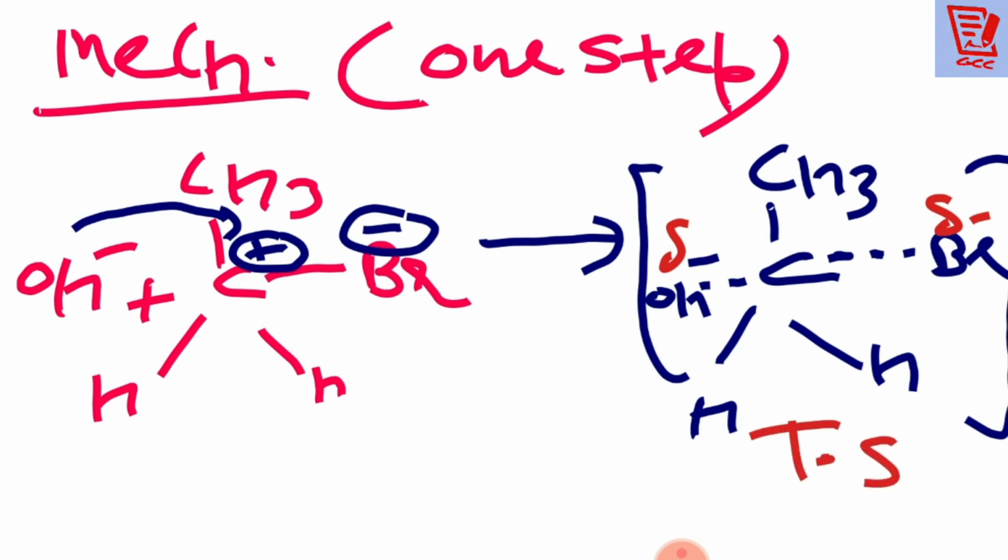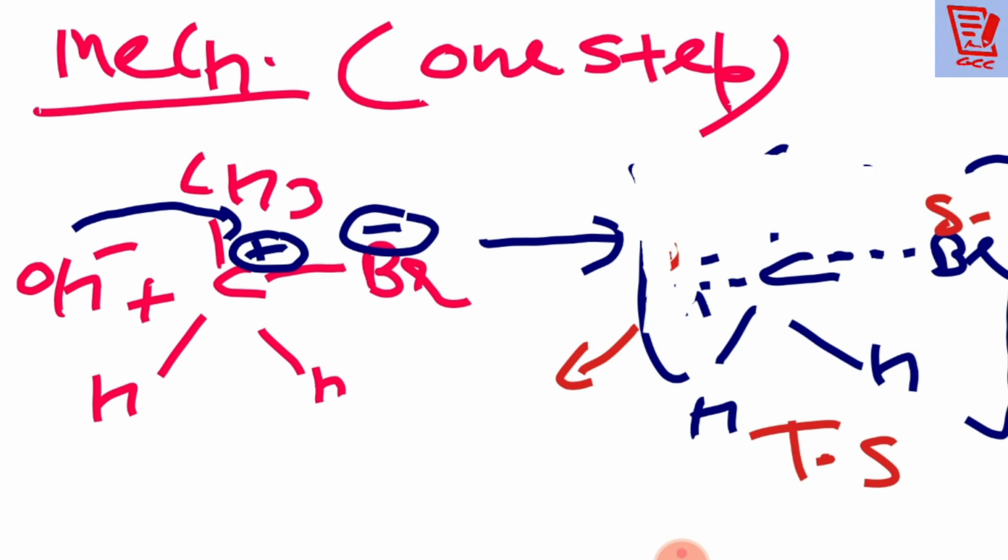What is this? It is a transition state which is unstable. So after this transition state, I hope you all have made the transition state. I have less space, that is why I am rubbing the transition state. Now after the transition state, what are you going to make there?